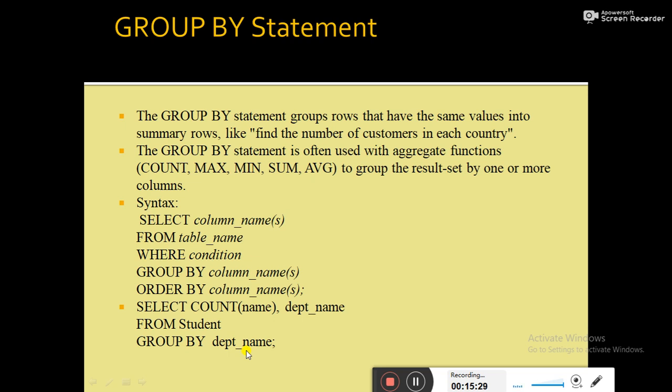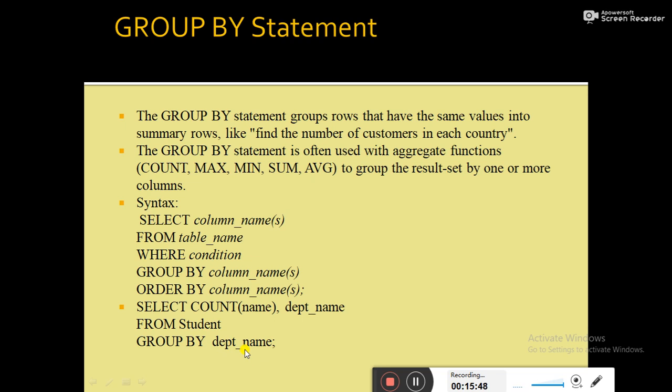In that example, we want to form a group for department name. So group by department name, that means the relation student will form a group based on department name. So 3 groups will be formed: CSE, IT, and EC.